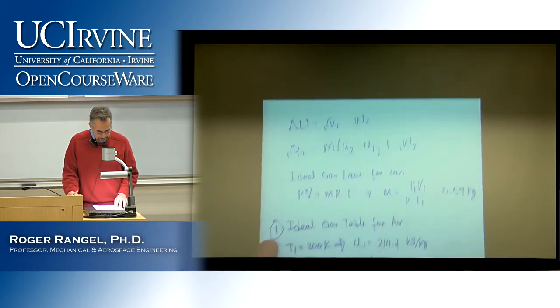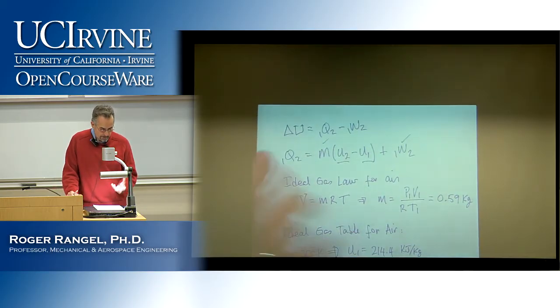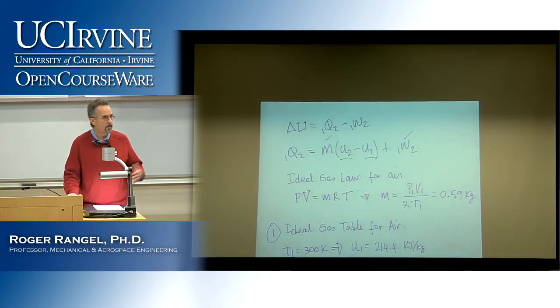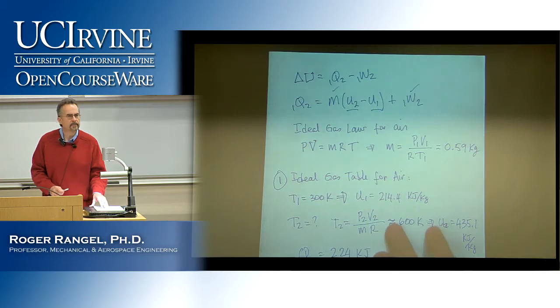In other words, what we're trying to do is compute delta U, and we can either do it directly from the table, if we have it, or if we have the Cv with the delta T's.